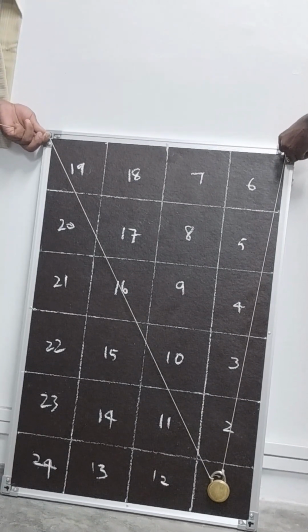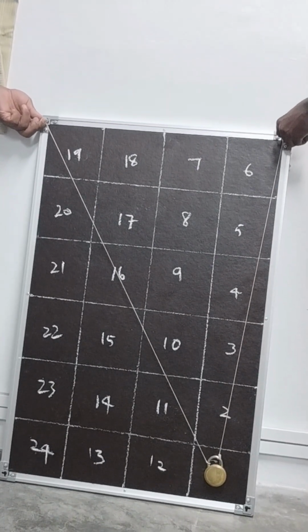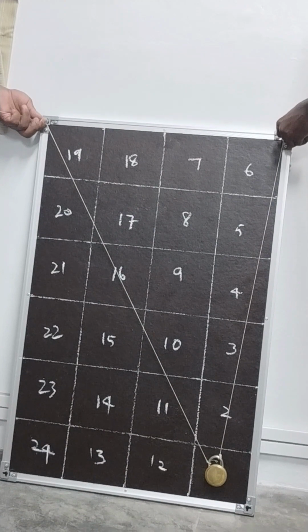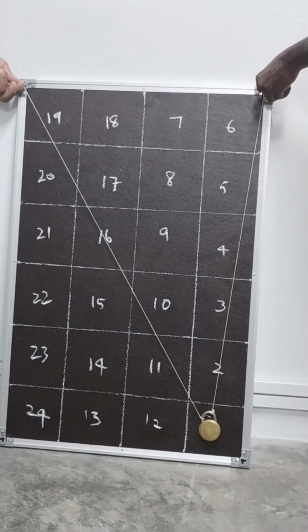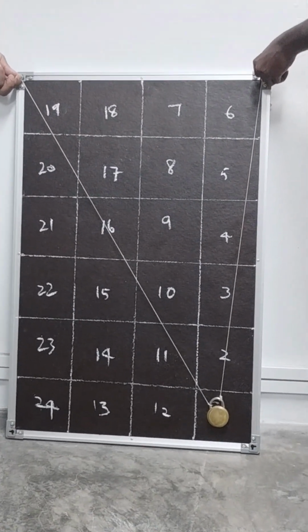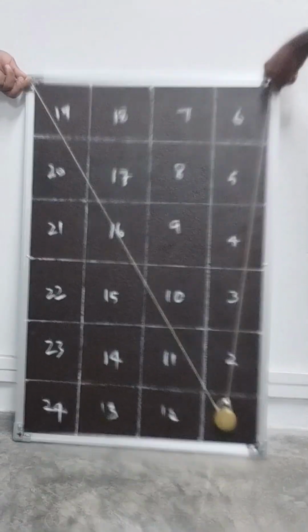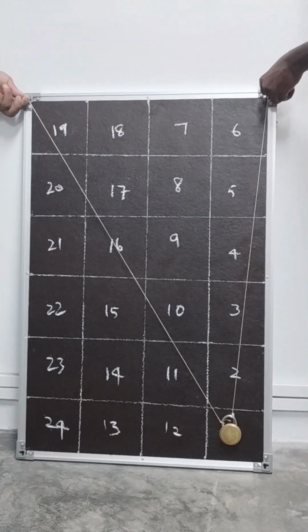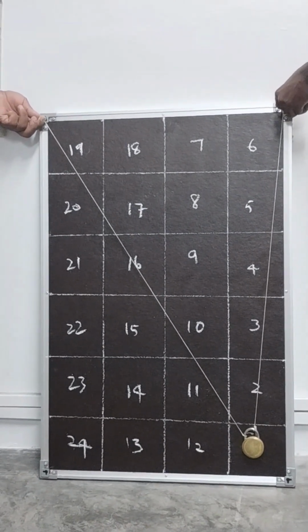So we are going to make an attempt to make this lock, which is a brush, or a paint brush, or a cleaning mechanism, touch all the 24 grids. By properly pulling the thread between these two edge points, where the lock is hanging, the lock is going to move slowly from the first location to the second location.